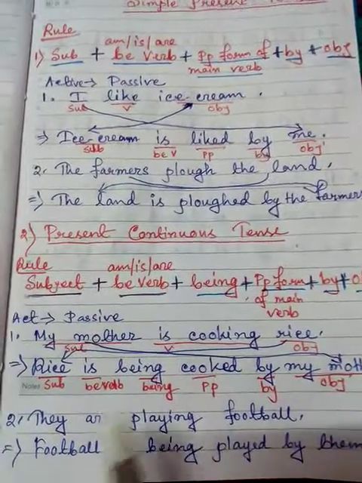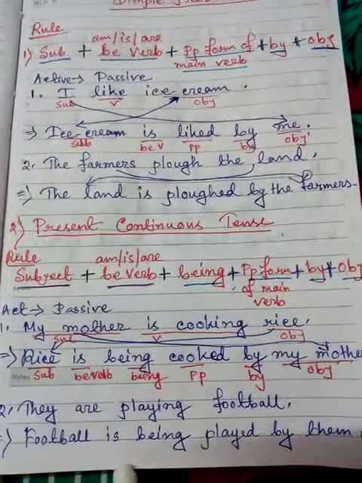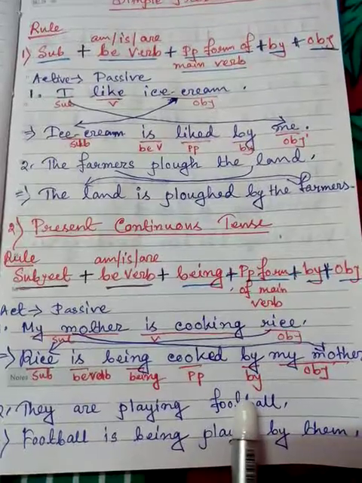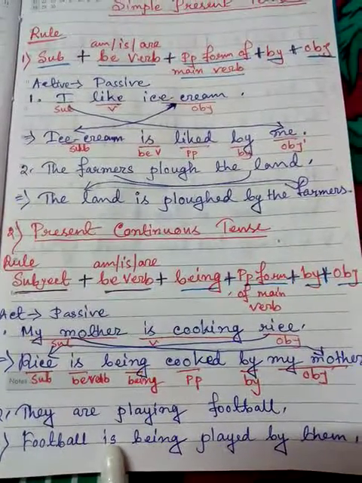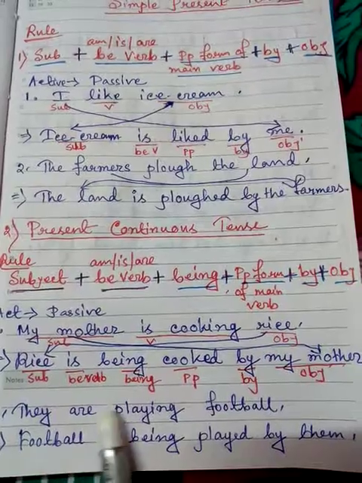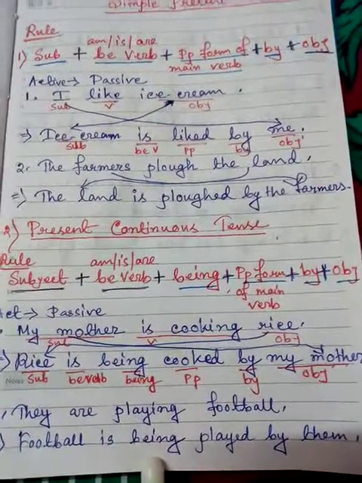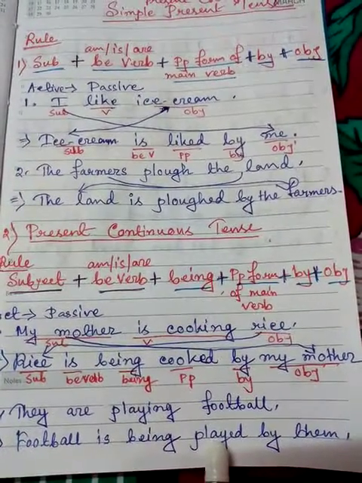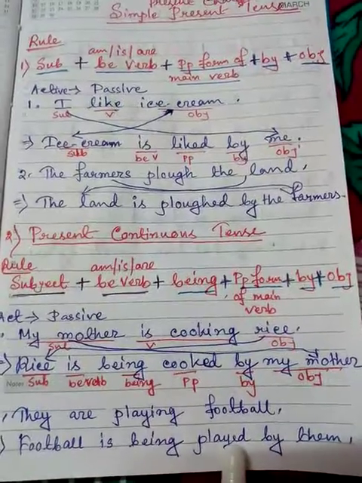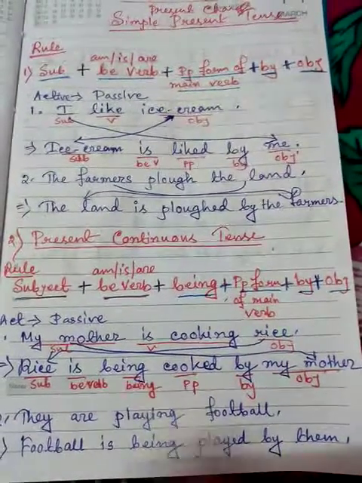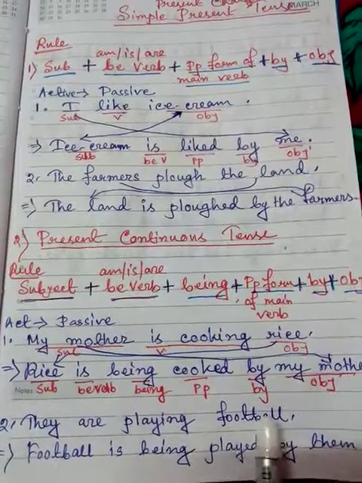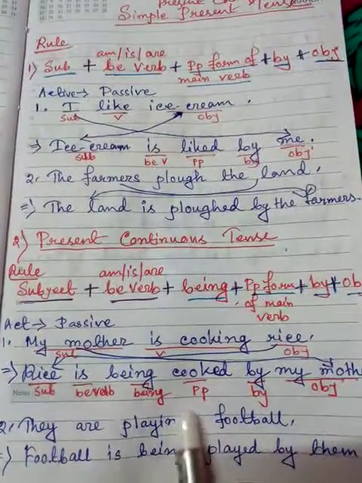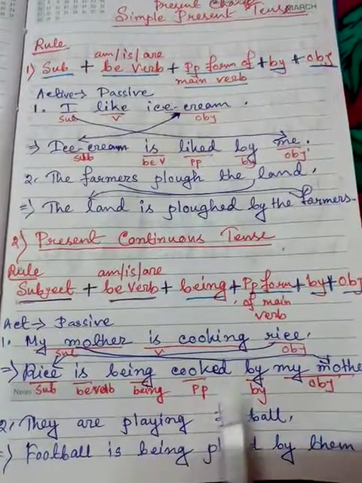Next, they are playing football, so the answer will be football. Next, football is the singular subject, so we are writing here is. Next, being. Next, past participle form of the main verb play, played. Next, by. Next, they, them. So you have to remember one thing, which thing we are using here as subject.